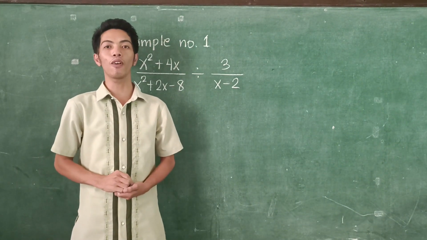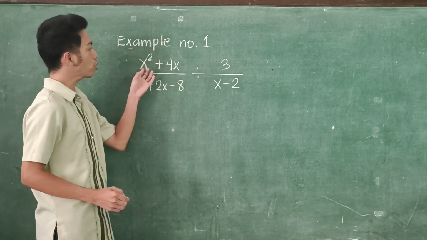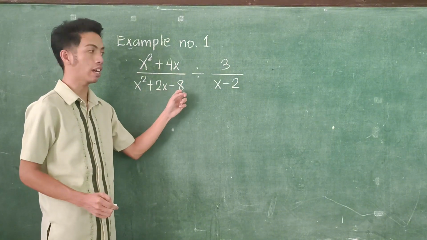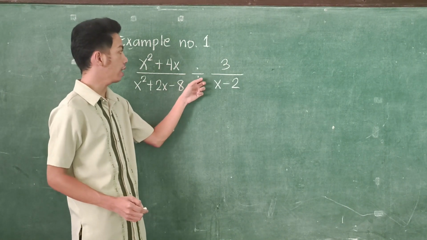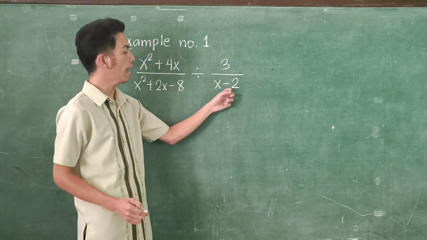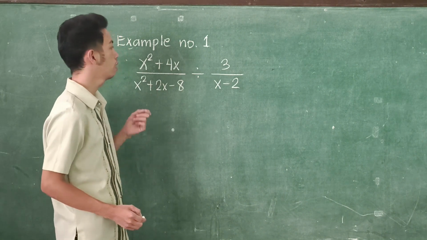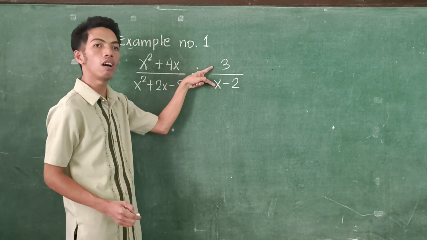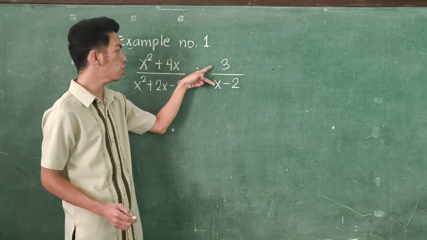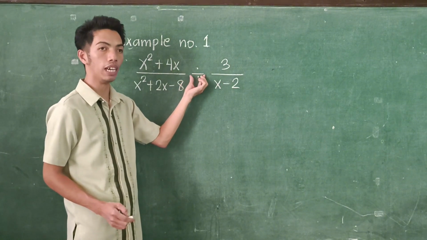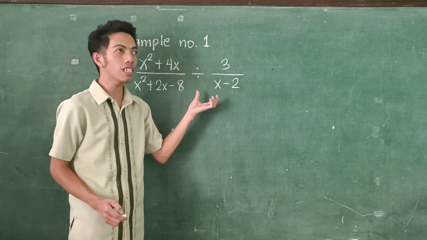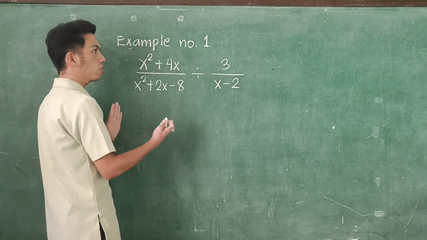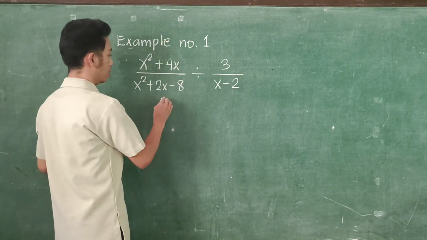Okay, let's have example number 1. x squared plus 4x over x squared plus 2x minus 8 divided by 3 over x minus 2. The first step is to get the reciprocal of the divisor and change the operation into multiplication. So for us to easily understand step number 1, we will use the KCF process.